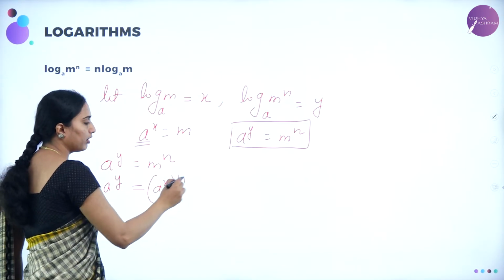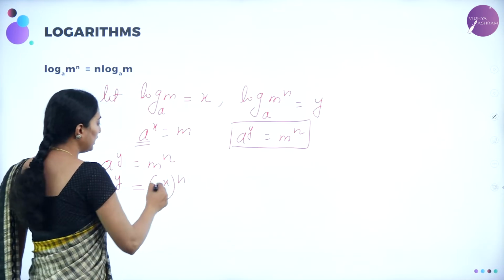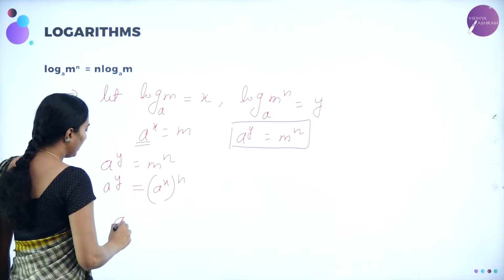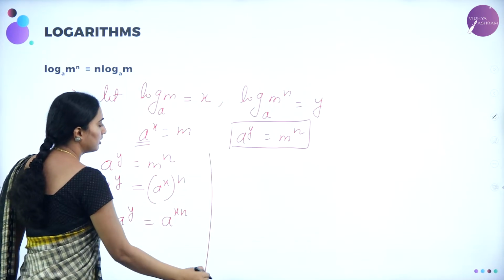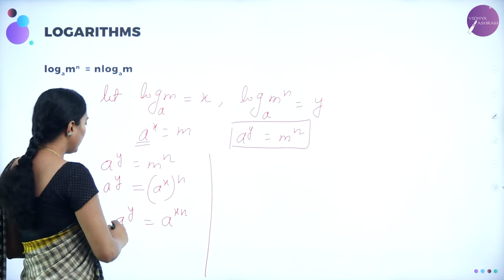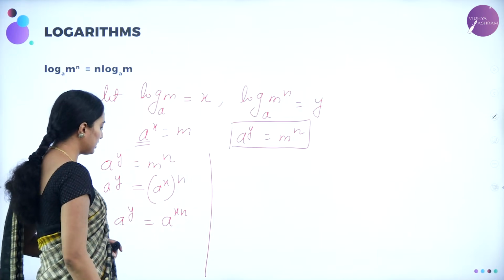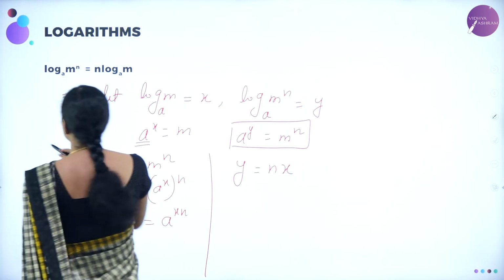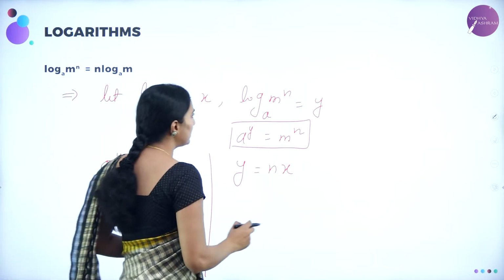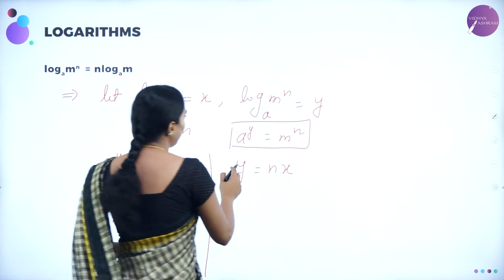You know already according to the theory of indices, you can multiply the powers. So, therefore, a power y will be equal to a power xn or nx. Otherwise, you can equate the powers because the bases are same. Therefore, y will be equal to nx, correct? What is the y value?